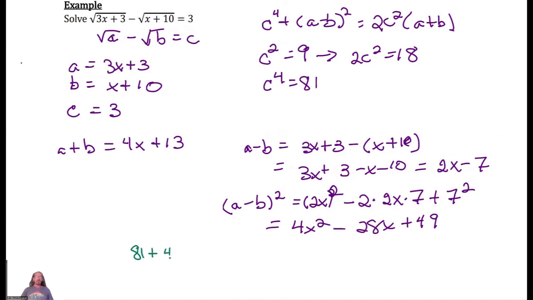So what we're looking at overall then is 81 plus 4x squared minus 28x plus 49 equals 18 times 4x plus 13.